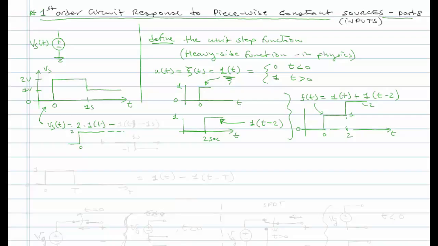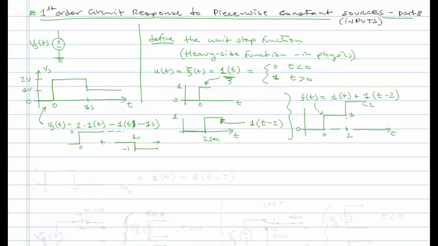So we'll put a minus 1 times the unit step, but it's not going to be the unit step at time t. It'll be 1 of t minus 1 second. So this one here is basically a negative step, minus 1, and that occurs at 1 second. And you add these two together. So you can see how using the unit step definition allows us to describe a piecewise constant function.